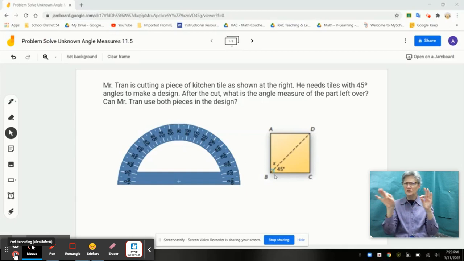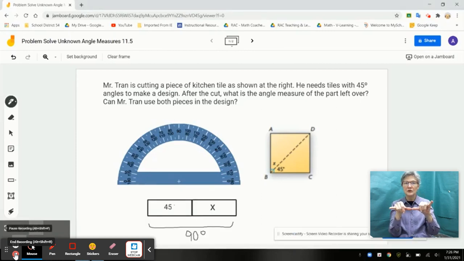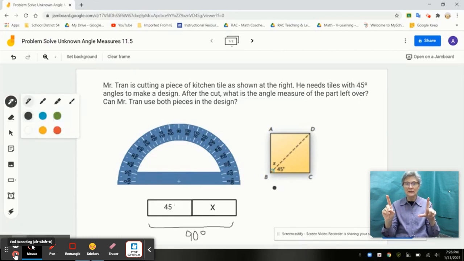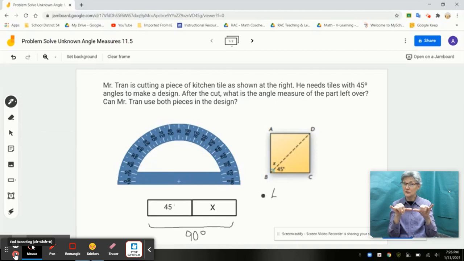So we know that we are going to be adding the measure of angle ABD and the measure of angle CBD, which in total, oh, I didn't write the M there for the measure.